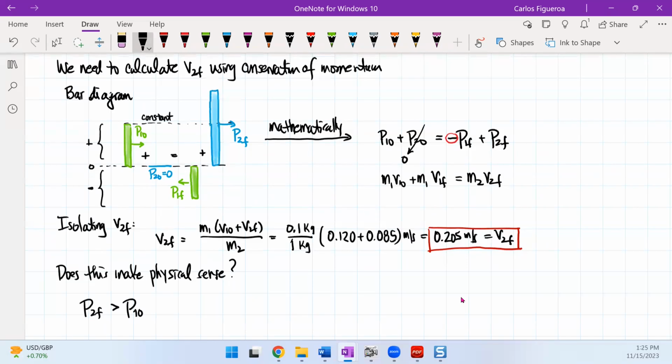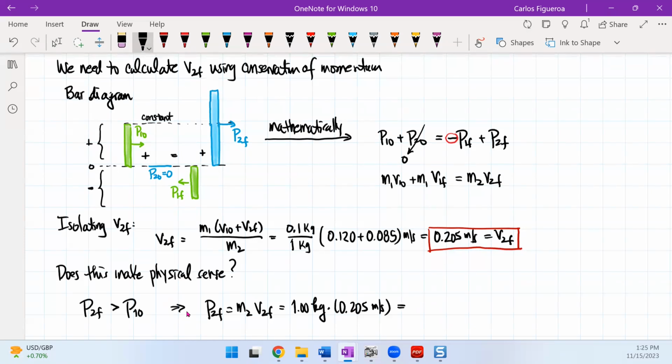If I calculate P2 final, we see that P2 final is going to be M2 V2 final. So this will be 1 kilogram times the speed of 0.205 meters per second.